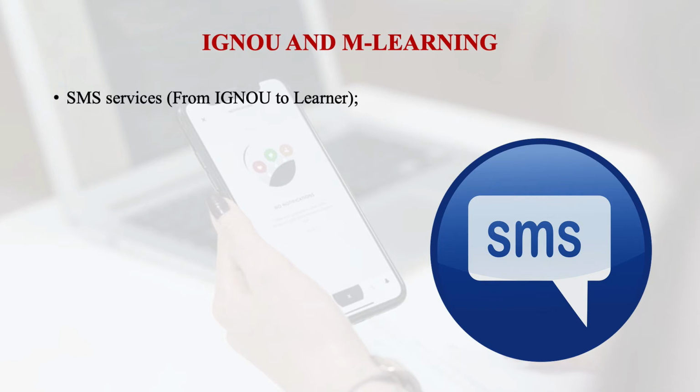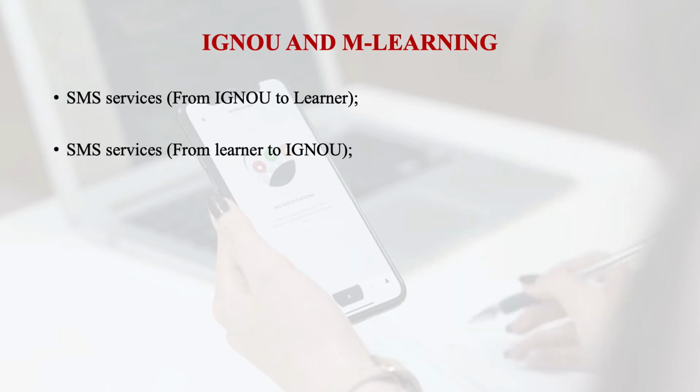So SMS normally goes from IGNOU to the learner. Then also in a specific part of the SMS service, it is possible for the learner to communicate to IGNOU using the SMS. So here an autoresponder will respond to the student's message, and eventually it is possible that the university will communicate to the student on his mobile device.